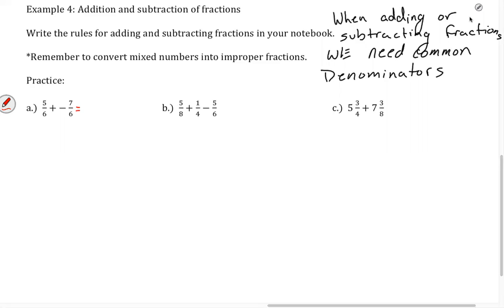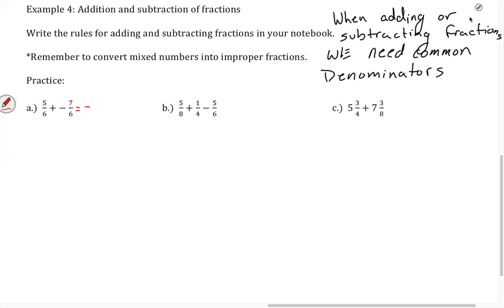Would be negative 1, 6. What was that? One more time. Would be negative 1, 6. I think you're doing two things in one step. So 5 plus negative 7 is negative what? I didn't hear what you said, sorry.